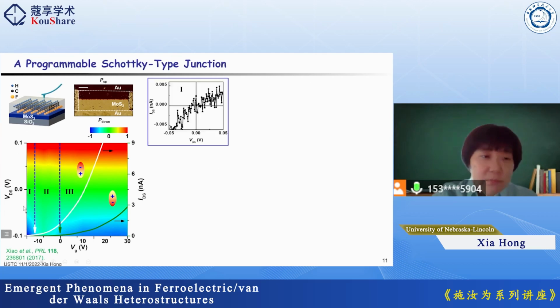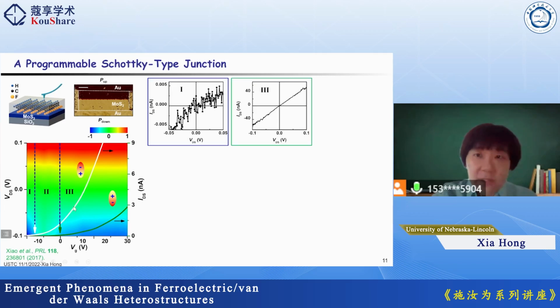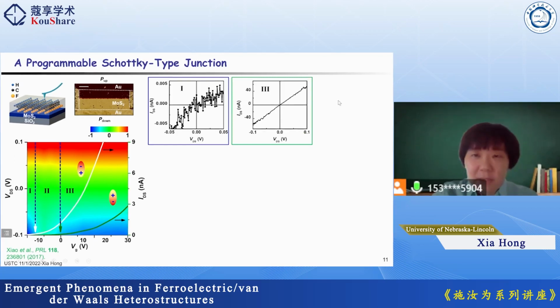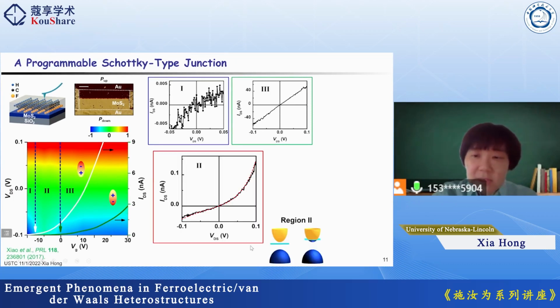In region 1, both channels are deep in the gap, so it's highly insulating, but it's linear behavior. In region 3, both channels are conductive, and we see high conductance, but it's also linear behavior. It's only in region 2, when the system is half in the gap and half in the conducting band, that we see this very nice Schottky barrier behavior.